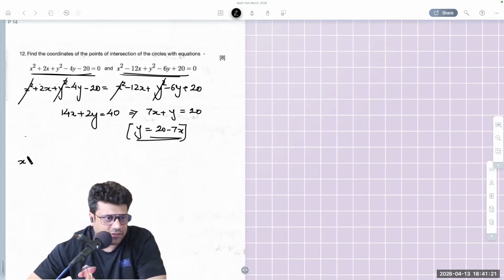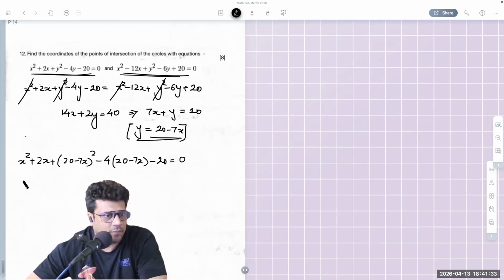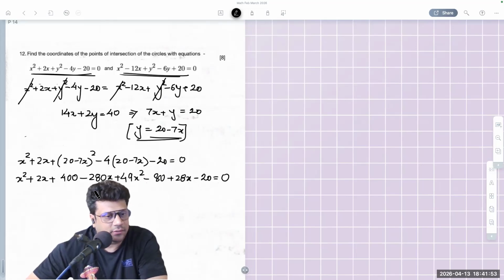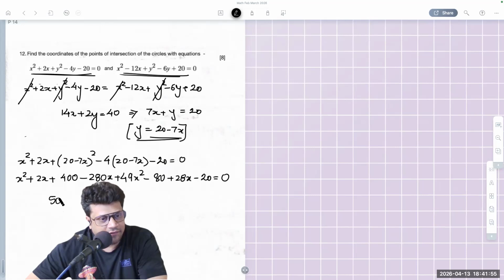So you're looking at x² plus 2x plus y, minus 4 times (20 minus 7x), minus 20 equals 0. That's x² plus 2x plus 400 minus 280x plus 49x² minus 80 plus 28x minus 20 equals 0, and that's 50x².